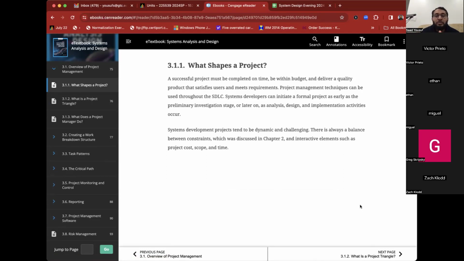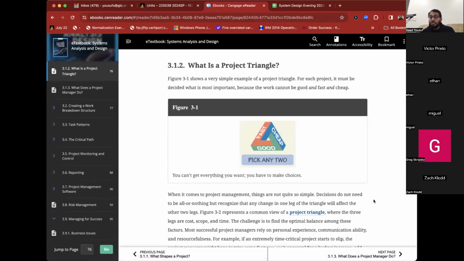So systems developers can initiate a formal project as early as preliminary investigation, what we learned in the previous chapter. And systems development projects tend to be dynamic and challenging because sometimes requirements can change. So now looking at the project triangle that we have been talking about since the beginning of this chapter, it needs to be fast, it needs to be cheap, it needs to be good.